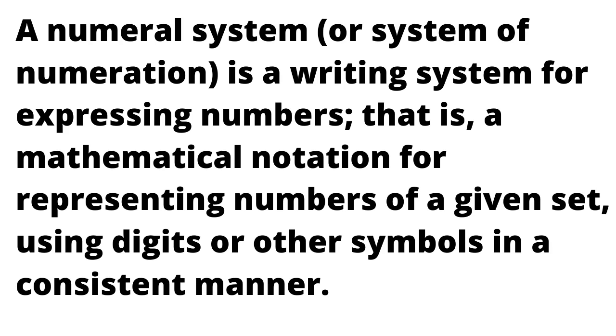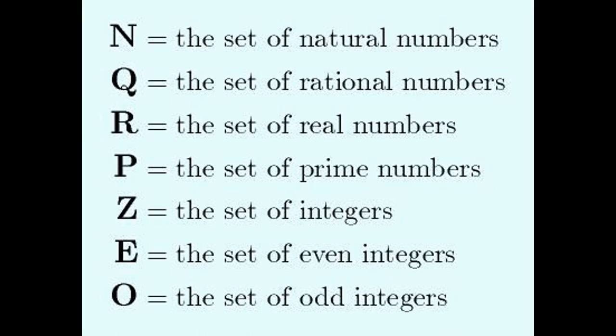That is a mathematical notation for representing numbers of a given set using digits or other symbols in a consistent manner. Some commonly used numbers and their sets are shown in the figure.